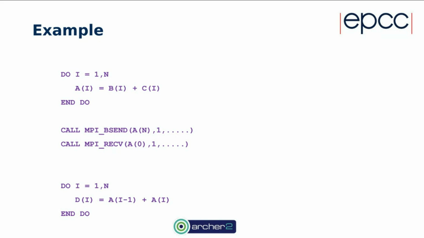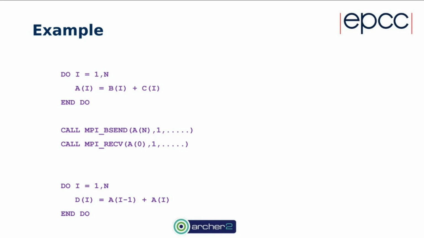Okay, so I just want to illustrate some of these points with a really simple example here. We have a loop that does some computation and computes values in an array A, and then we do a one-element, one-sided halo exchange.